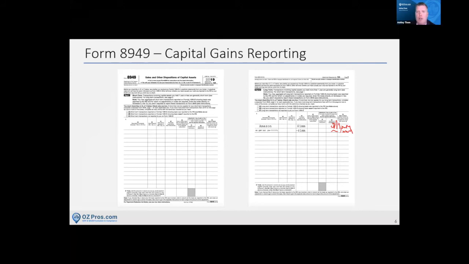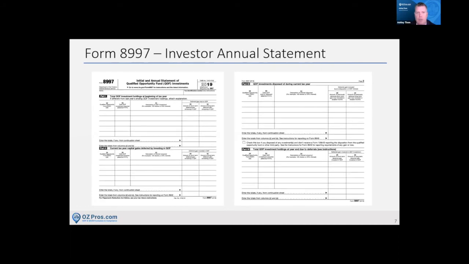That's basically all you have to do in order to get it going, is put that information on your 8949, and that negative number with the QOF name and EIN will indicate to the IRS that you're investing into an opportunity fund.